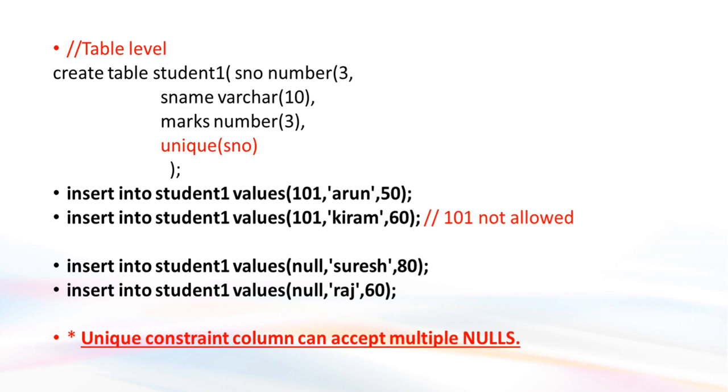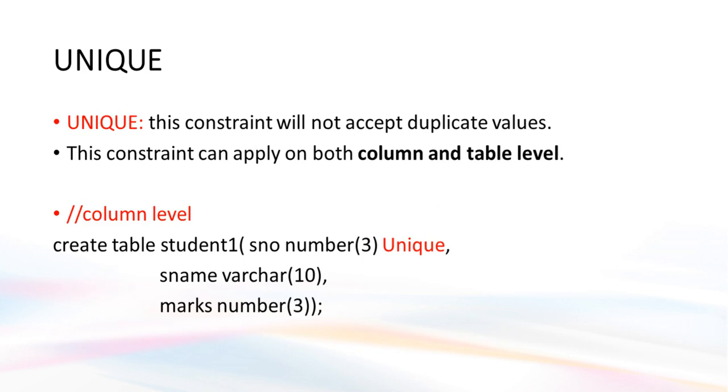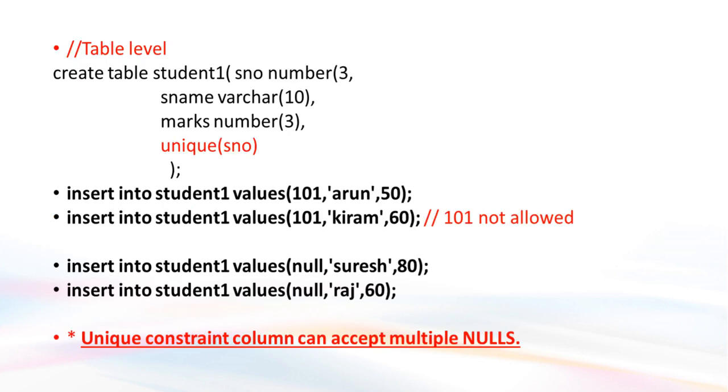Then a second time I try to insert the same kind of record, Kiran and 60. These values have been changed, but the same S number is still being inserted. This time it will throw an error. 101 will not be allowed. Why? Because we specified the S number column as a unique column. Unique means the value should be unique.